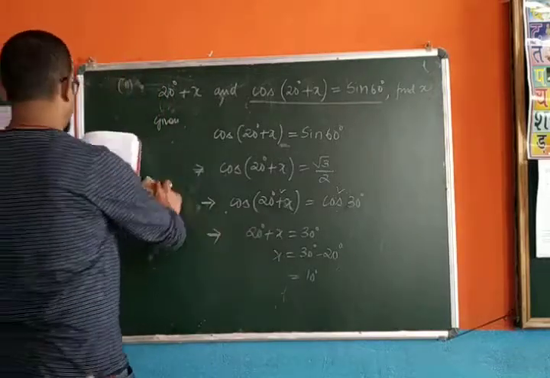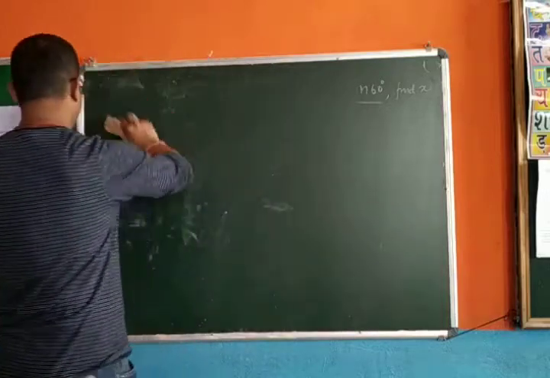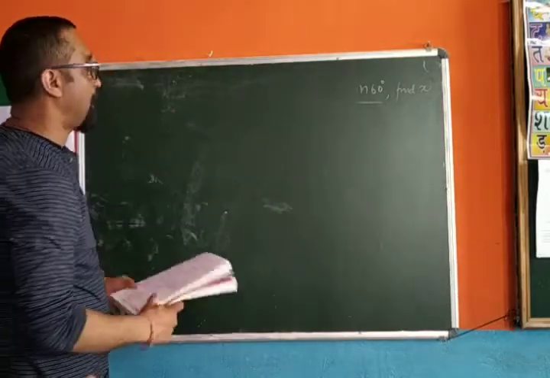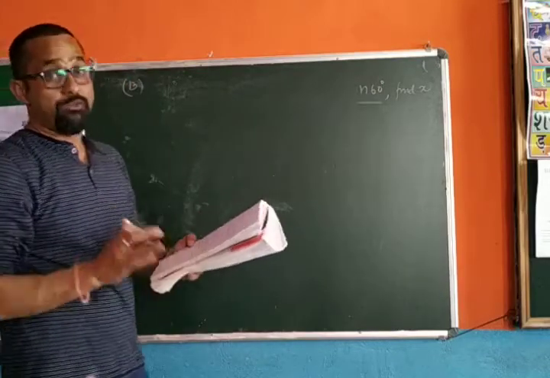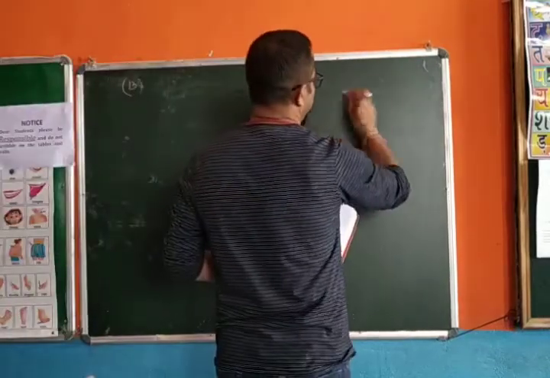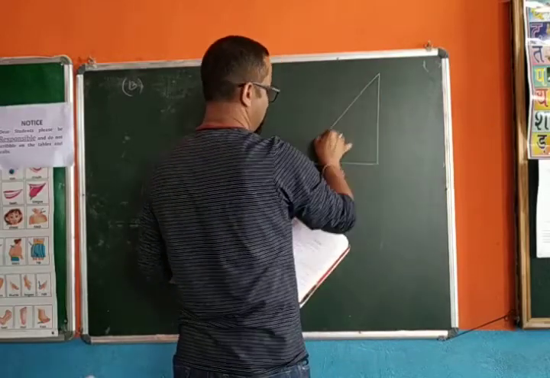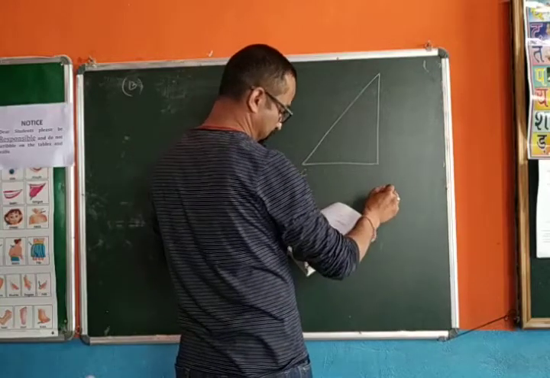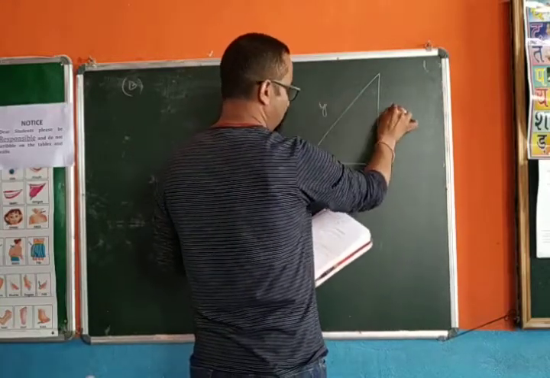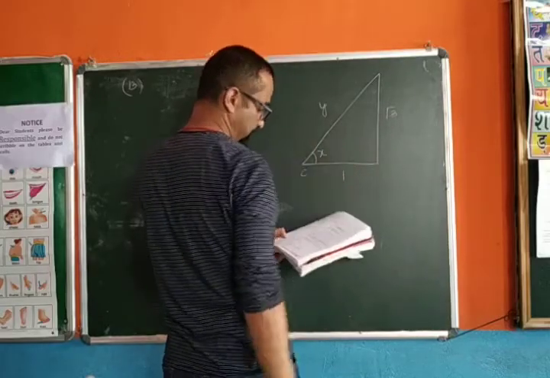Now look at this question number 13, and it is an important sum. From the figure, so you have a figure given in the question. It is a right angle triangle with sides y, root 3, 1, and you have x here.